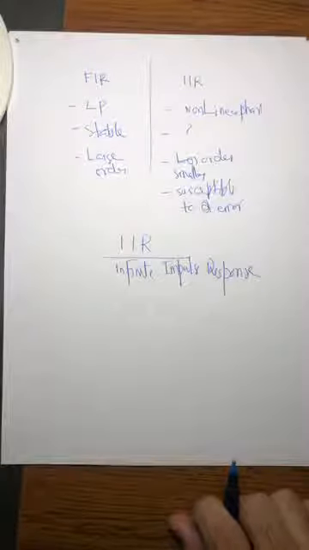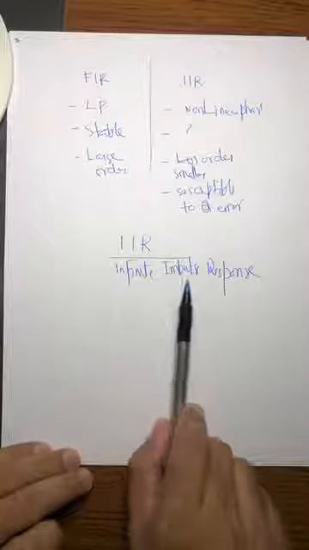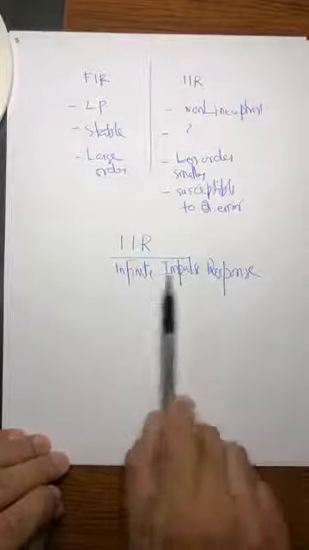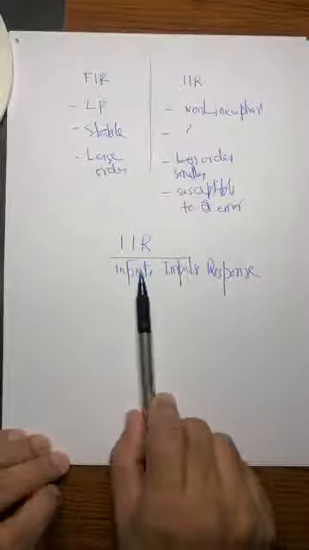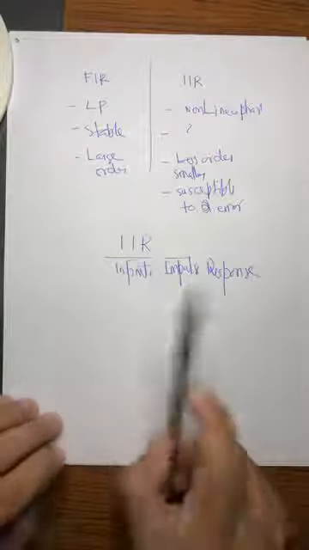It is interesting that people would not spend their time finding a digital way of designing a digital IIR filter. They would not, because people have spent their lives finding ways of designing IIR filters in the continuous domain.